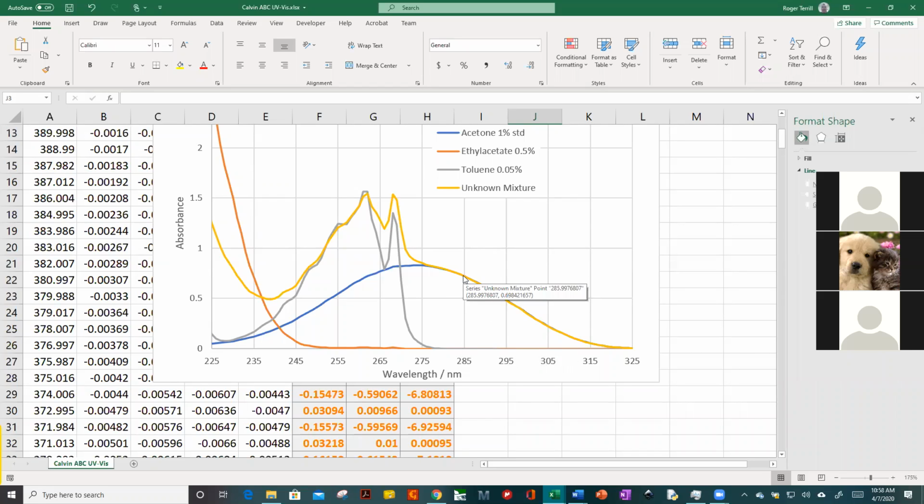What is true about the absorbance at 285 for the mixture? It's only acetone? Exactly. The only contributor at 285 is acetone. The toluene and the ethyl acetate are around 0. So this hopefully can also help answer Tyler's question about the negative value.